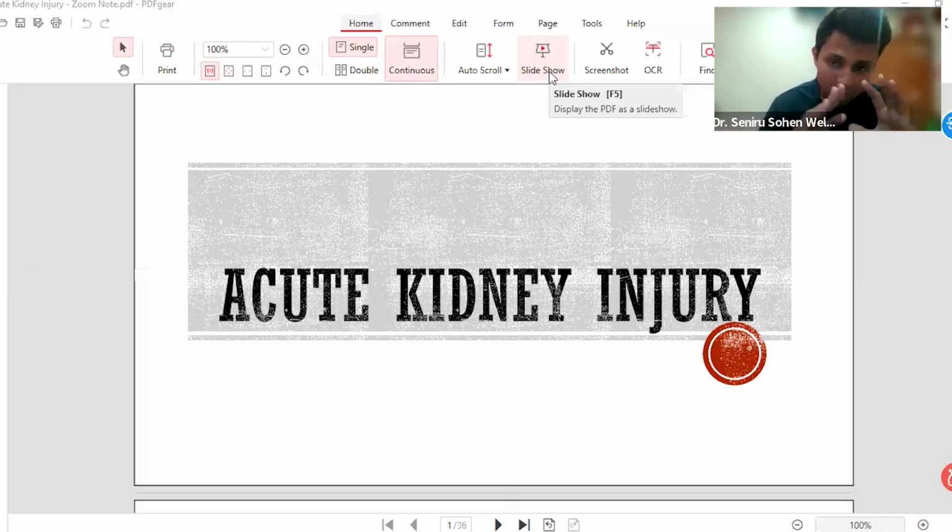So in all these causes of AKI, either due to effective arterial volume depletion, that is either true or absolute, or when there are drugs affecting the glomerular hemodynamics, the glomerular filtration will be reduced.